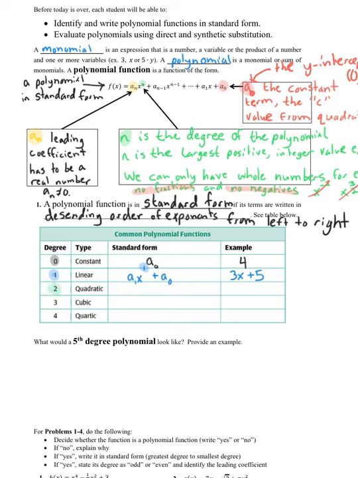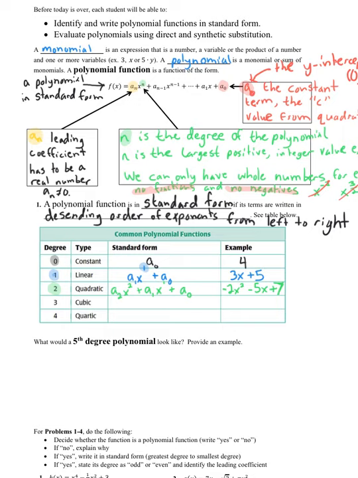A quadratic function, okay, would probably look like a sub 2 x squared plus a sub 1 x to the first plus a sub 0. Or we might recognize that as like ax squared plus bx plus c.